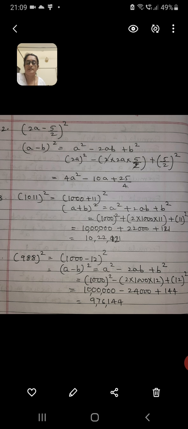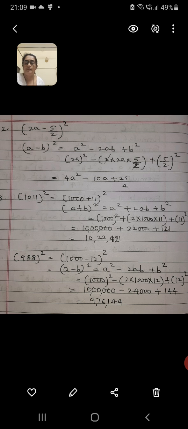So 2a squared minus 2 into 2a into 5 upon 2 plus 5 upon 2 squared. So 2a square is 4a square minus 10a plus 25 upon 4 is the answer.